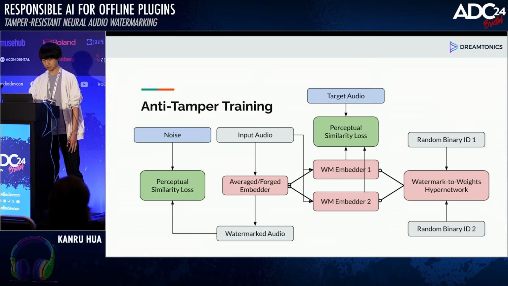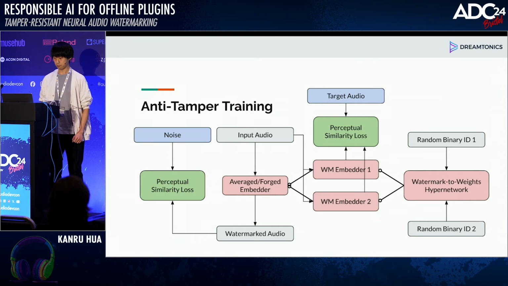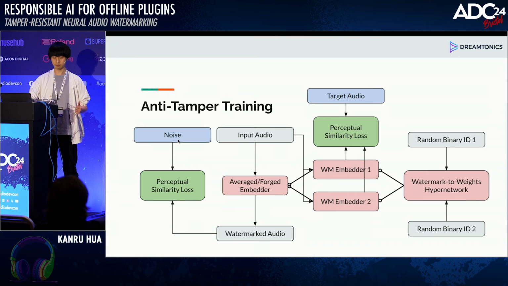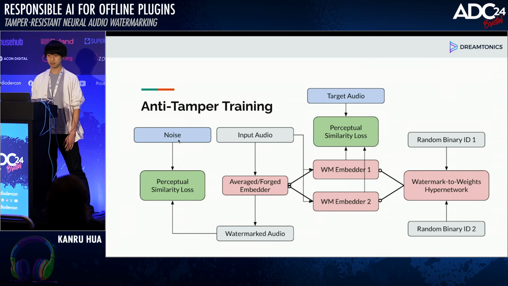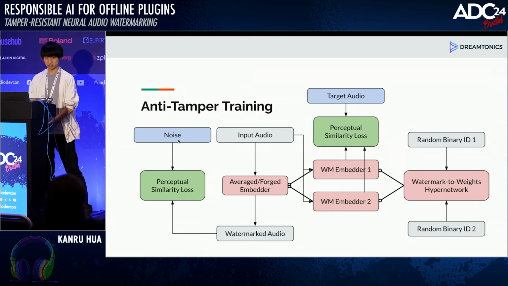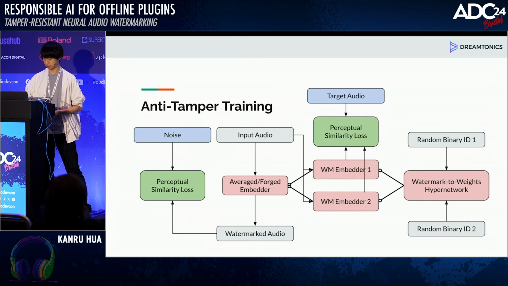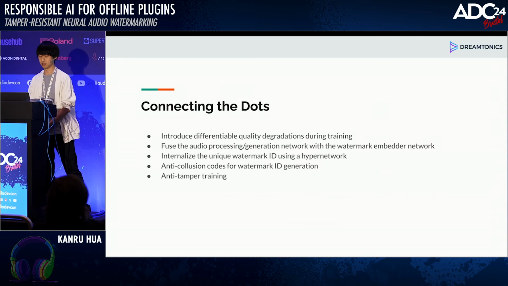How to do that: when you're training, you put 2 different random binary IDs into the Hypernetwork. You generate 2 copies of the embedded network, and then you take the average and train that average to predict the gibberish. This is a very elaborate training setup, and it's quite hard to balance because we have too much adversarial training going on. There are some tricks I'm going to show in a later slide.